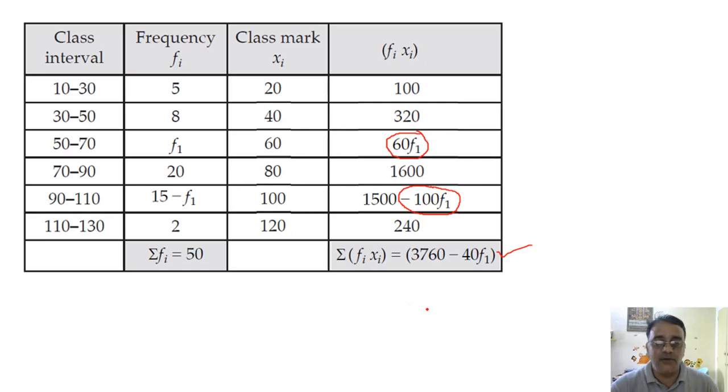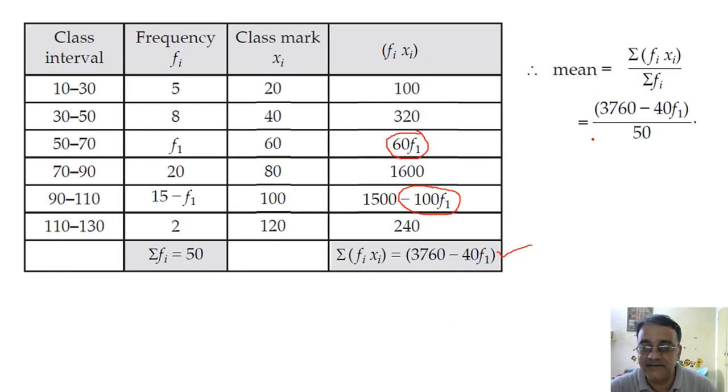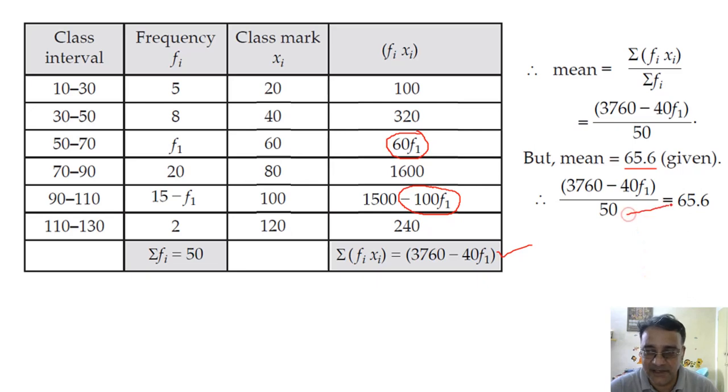Now what is the formula of mean? Summation fx upon summation f, right? And mean is given. Mean 65.6 दिया हुआ है. So 65.6 is equal to (3760 minus 40 f1) upon 50. Now cross multiply.